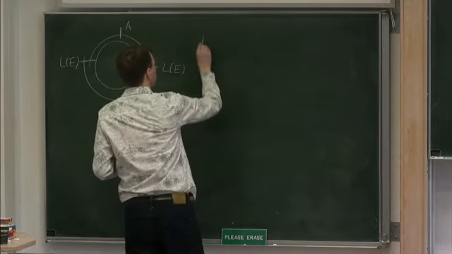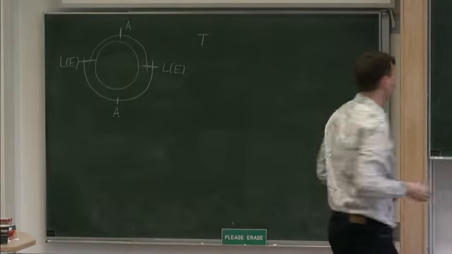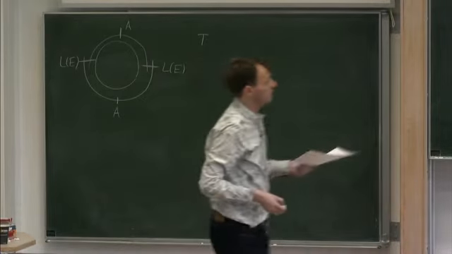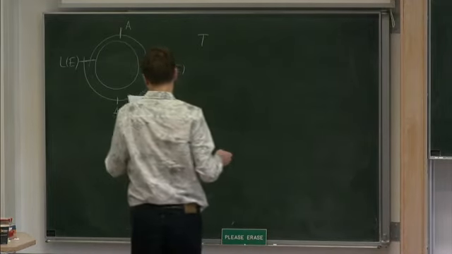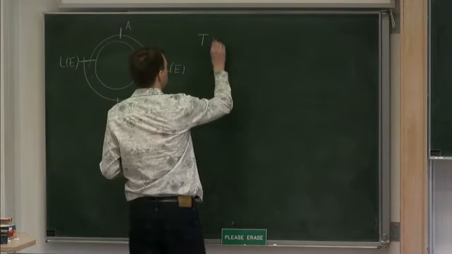And now, how do I get from this to locally trivial bundles? I told you that these Fell bundles were not necessarily locally trivial.